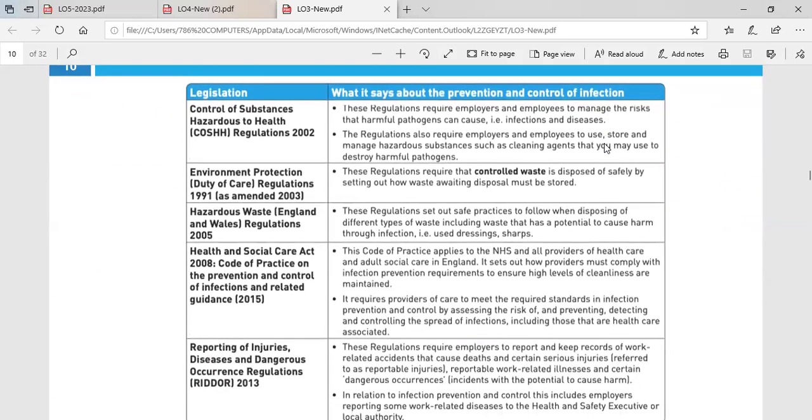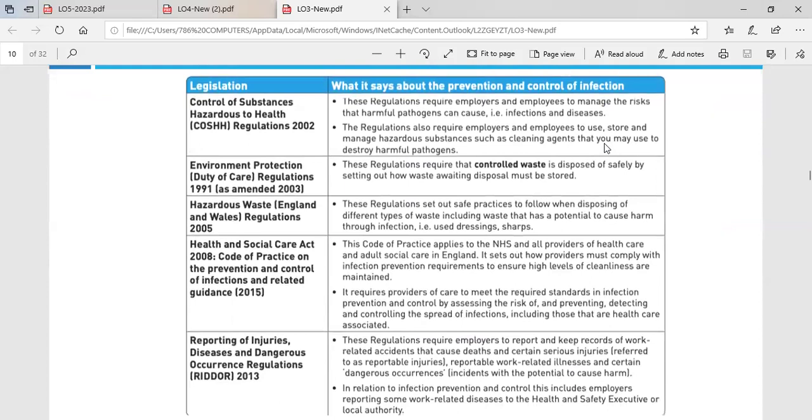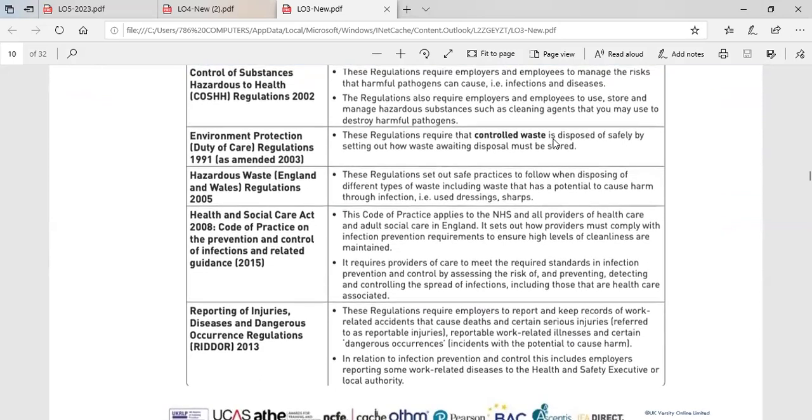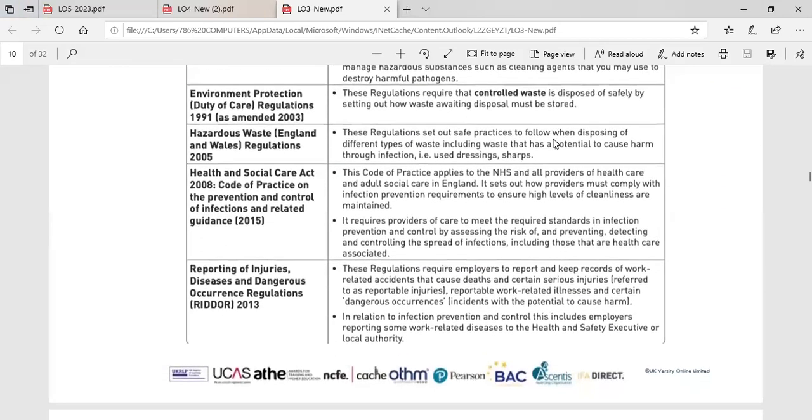Control of Substances Hazardous to Health Regulations. This requires employers and employees to manage risk, as harmful pathogens can cause certain infections and diseases that can spread. It also requires employers and employees to use, store, and manage hazardous substances, cleaning agents for instance, in a controlled and safe way.